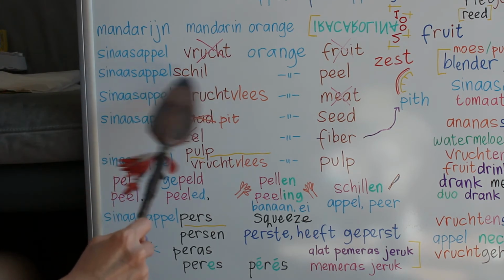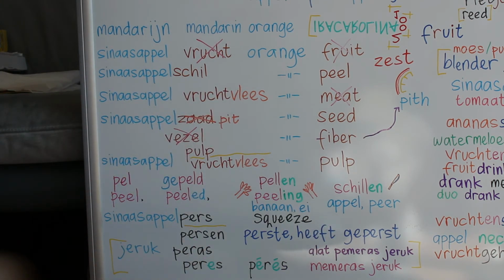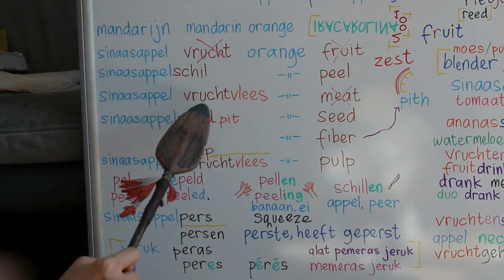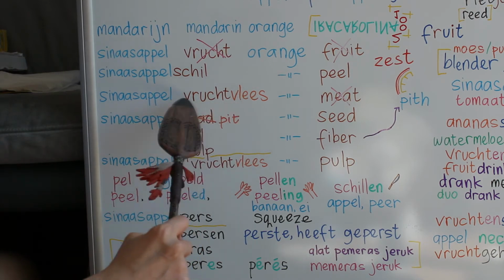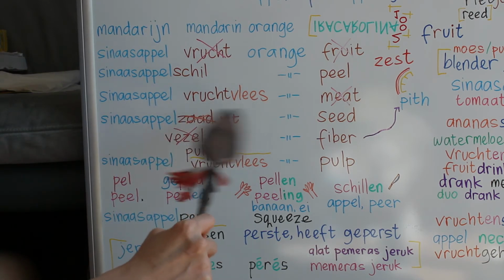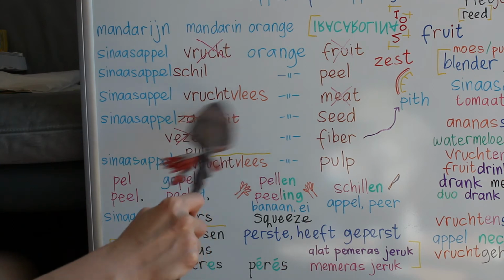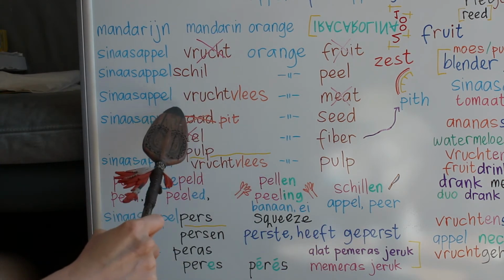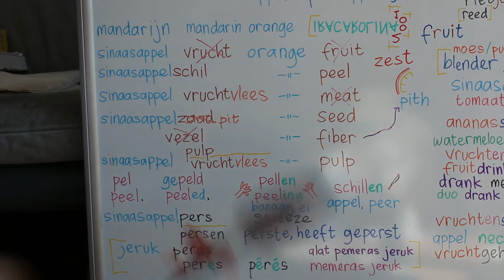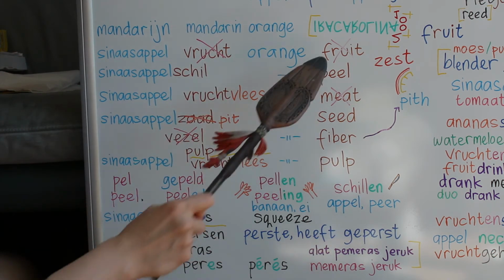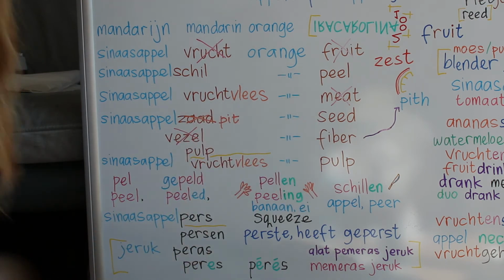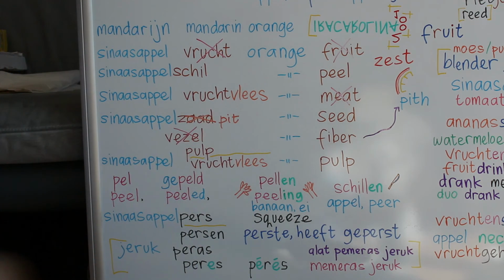With the schil, you put it in one word together with sinaasappel, but this one you put separately because this already consists of two words, which are vrucht, fruit, and vlees, flesh: vruchtvlees.